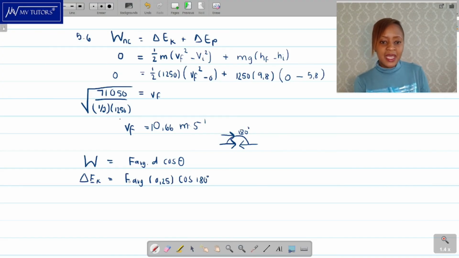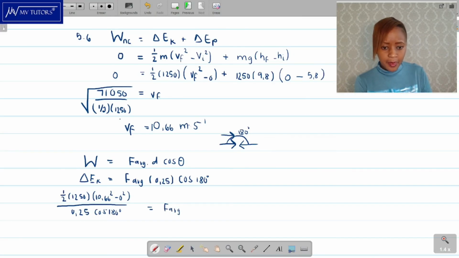Our kinetic energy there is half m v squared. So we already know our final velocity is 10,66 squared, and our initial velocity is 0. All of that kinetic energy is divided by 0,25 cos 180.